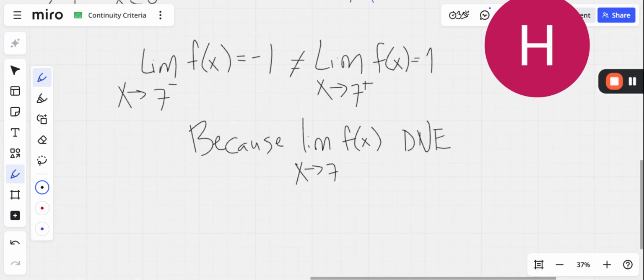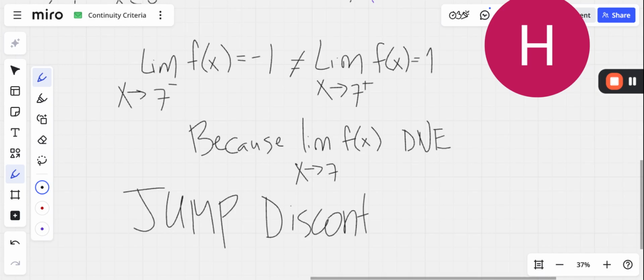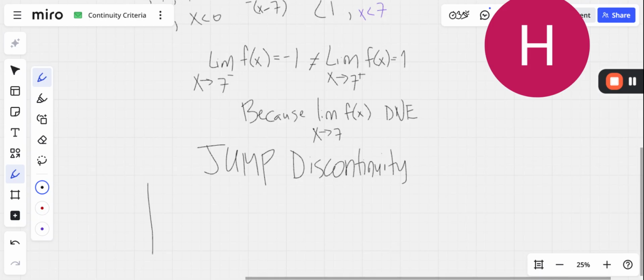And if you graph that equation, you'll see exactly what I'm talking about. It basically literally just jumps in value at 7. It's a 1 for a while, then there's a hole, then it's a negative 1 for the rest. Okay, so that's about it.